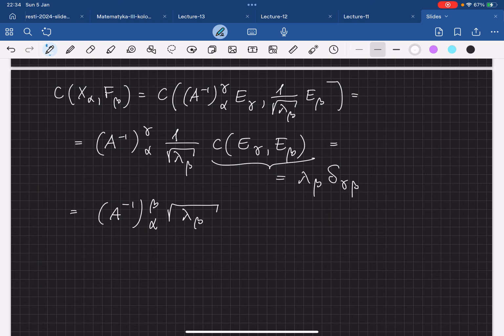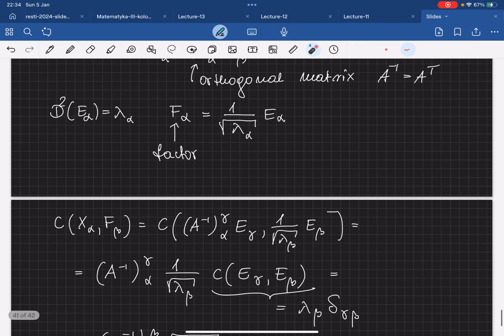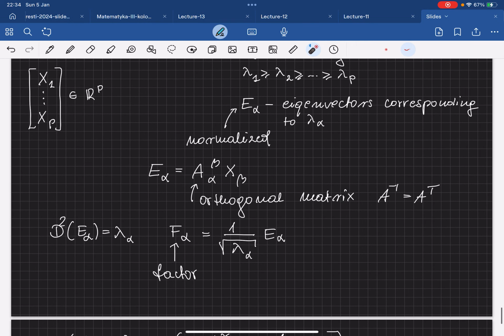So loadings come from, in fact, coefficients of eigenvectors, because this A matrix are coefficients of eigenvectors in the standard basis in Rp.